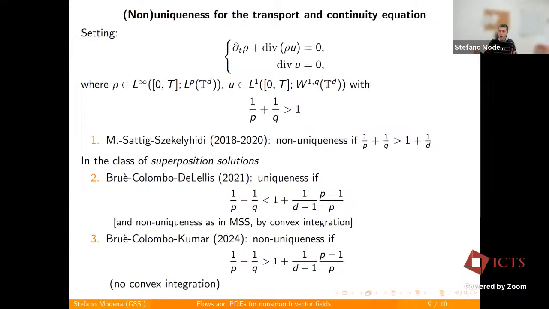Let alone combining this with non-uniqueness of weak solutions which are not superposition. There are some examples of weak solutions which are not superposition solutions, but they concern a very, very rough vector field.